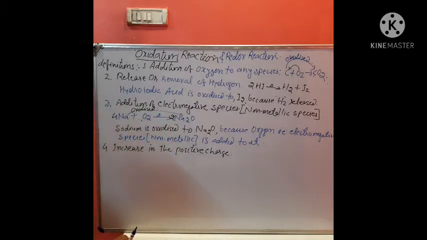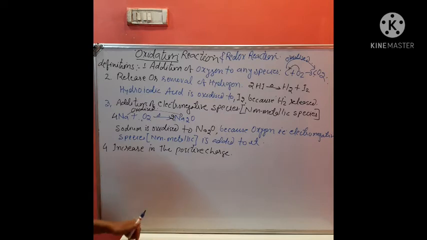Like you know that iron can be presented as Fe plus 2 and also Fe plus 3, that is ferrous and ferric. Lead can be Pb plus 2 and Pb plus 4, and copper Cu plus 1 and Cu plus 2. So some metallic species can be given by more than one positive charge.